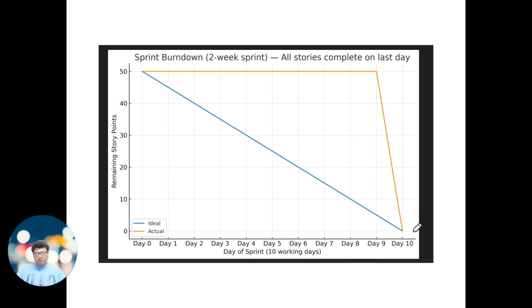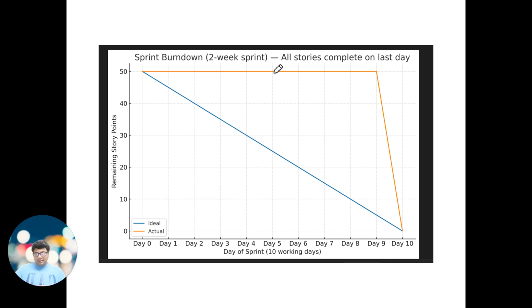No, I will not say it's a good thing, because the team has never understood the rationale behind the sprint burndown chart. I will say the team has a waterfall mindset. The reason for a straight line is that maybe the developers were working in parallel on multiple stories and were not able to complete them after 2, 3 or 5 days.